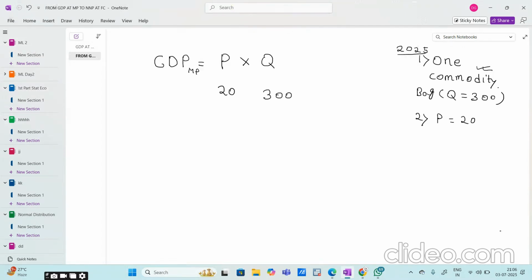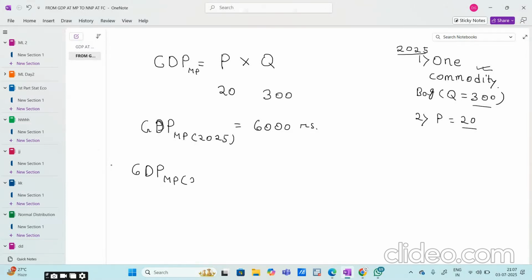The commodity of bags sold is 300, the price is 20. Now, this is basically GDP at market price, obviously, but GDP at market price of 2025. How much? It is 20 into 300, that is 6,000 rupees. Now, tell me one thing.